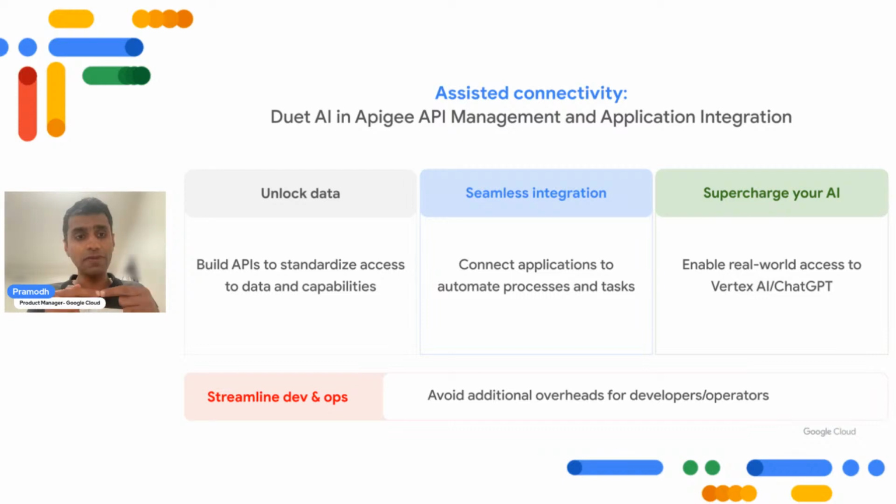Duet AI will make your processes useful, which means that it can help you orchestrate from just a prompt, defining the entire business process flows so that you could deliver that to your business.